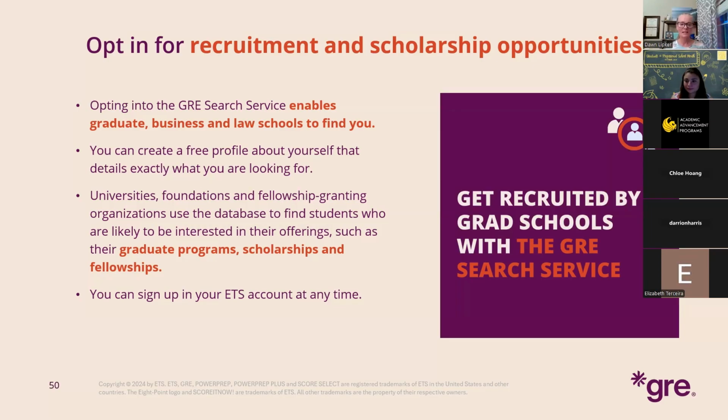By opting in, you fill out a profile of your undergraduate experience and what you're considering for grad school. Programs go in and pull a list of information based upon what they're considering good fits for their programs, based upon majors and all kinds of information. And then they send you emails.